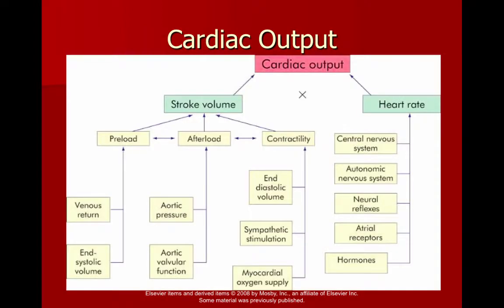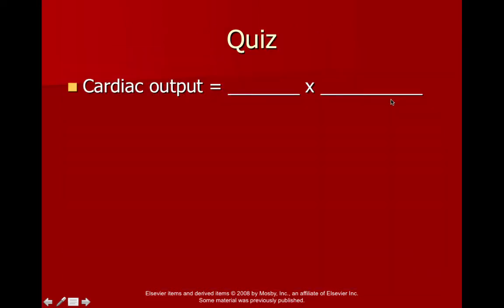Okay, you do have to memorize this equation. Okay, and understand. So cardiac output equals stroke volume times heart rate. Okay, and what's the length of time we're talking about? Minute, right? A minute. So milliliters per minute is what we're shooting for.